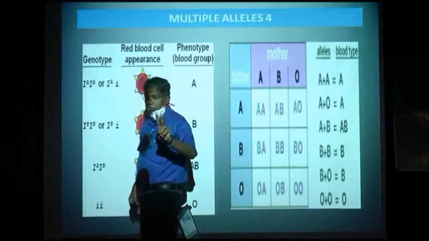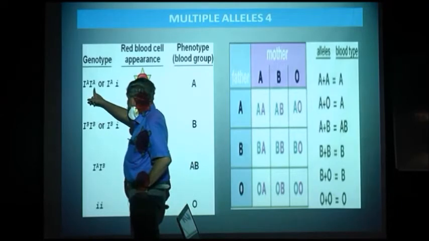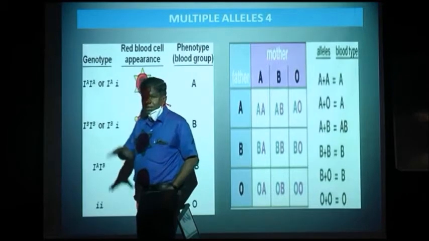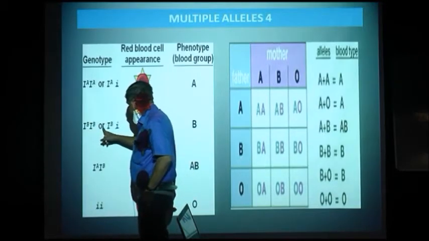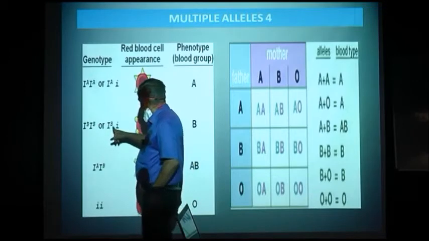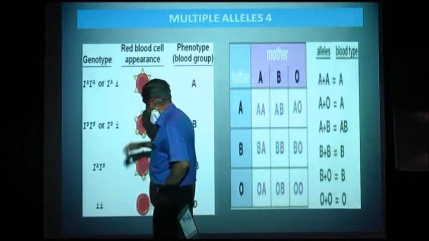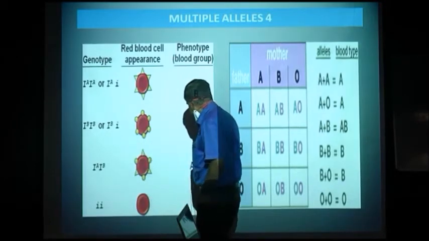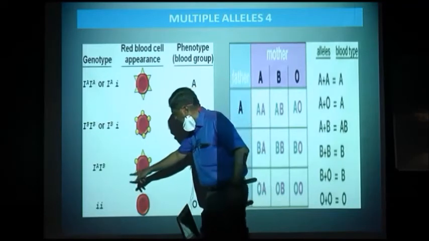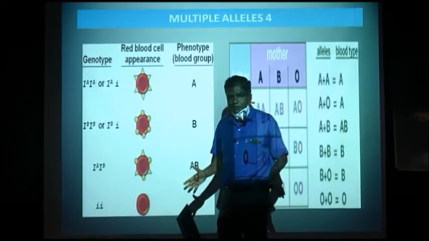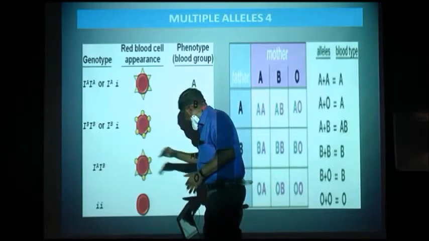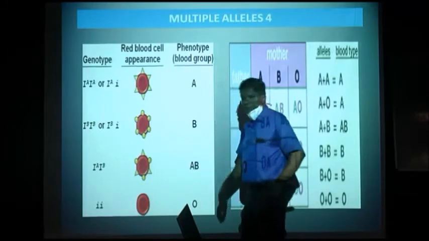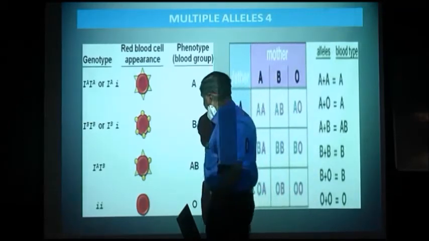Capital IA, A blood group; capital IA small i, A blood group; capital IB, B blood group; capital IB small i, B blood group; capital IA capital IB is AB blood group; and small i, where neither capital IA nor capital IB is present, is O blood group. So these four are present.